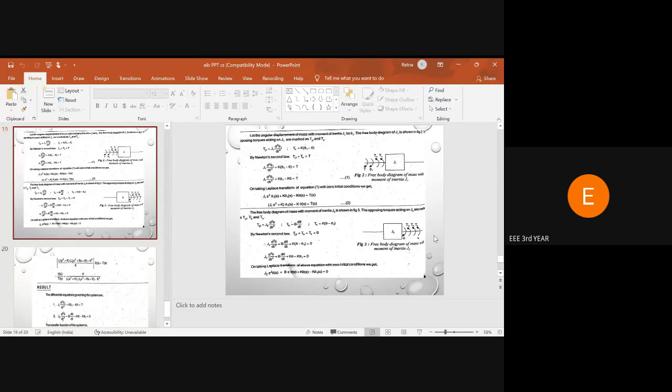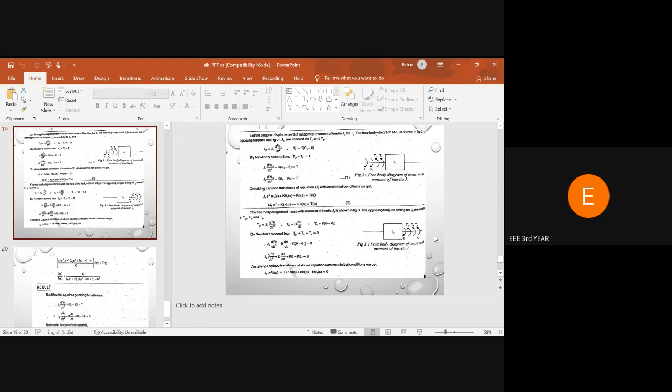These are the opposing torques due to the second moment of inertia. Since the applied torque is 0, Tj2 plus Tb plus Tk equals 0.